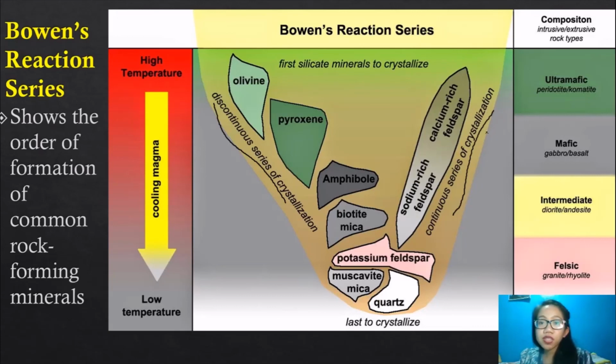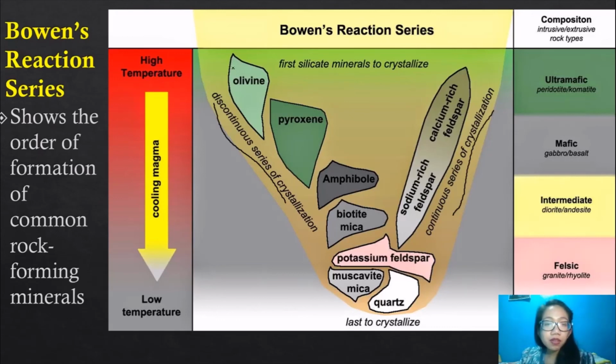So that's the first thing that you will see in a cooling down magma. But eventually, as the magma cools down further, you will see the formation of sodium-rich feldspar further on. And then as the temperature moves lower, you will see the formation of potassium feldspar and quartz. So these are always the last to form.